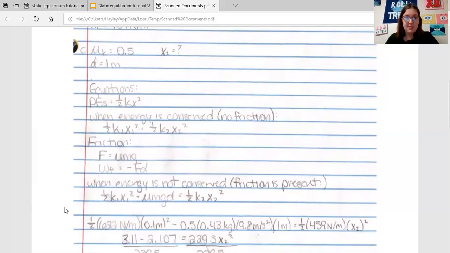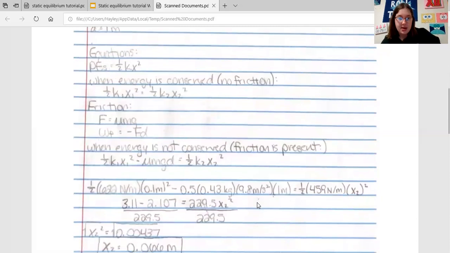So using these equations, we can combine everything to make the equation that we'll be using. And this is 1/2 k1 x1 squared minus coefficient of friction times mgd equals 1/2 k2 x2 squared. And then plugging in the numbers that we have defined above is going to be 1/2 times 622 newtons per meter times 0.1 meters, and then that value is squared, minus 0.5 times 0.43 kilograms, and then our g value is the 9.8 meters per second squared times 1 meter for the distance between the springs, equals 1/2 times 459 newtons per meter times x2 squared.